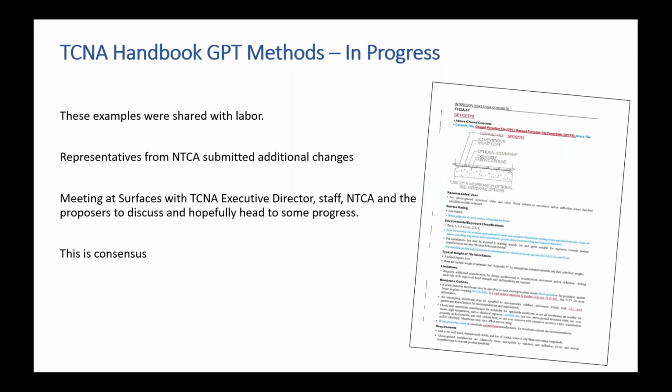So this is an example of one that a few of us worked on, and we were actually using the TCNA handbook method. This is an existing method, and we changed it to include gauge porcelain tile as well.